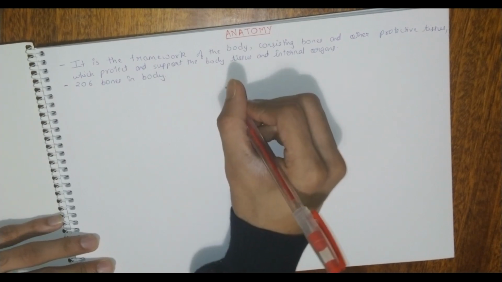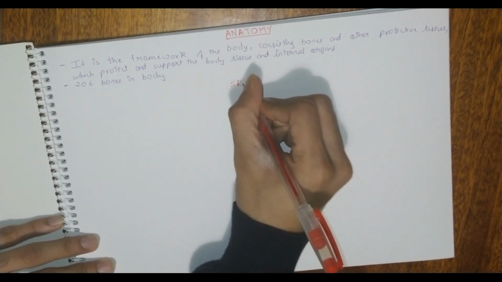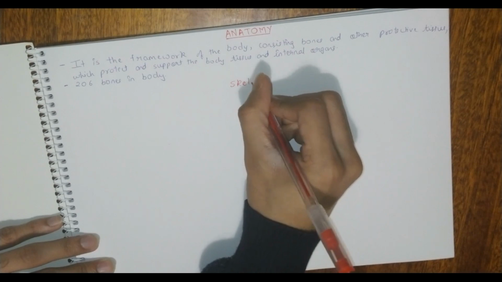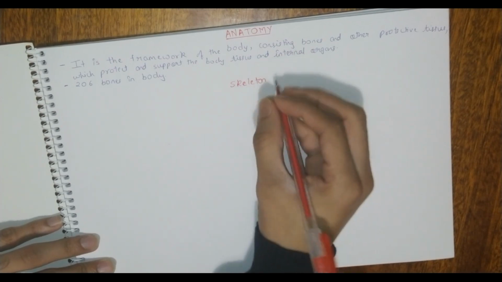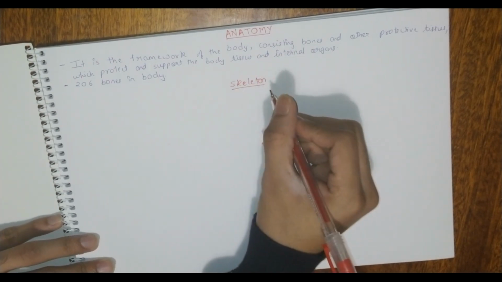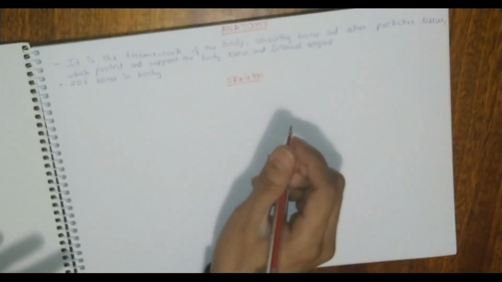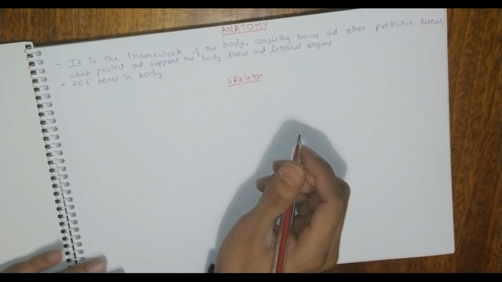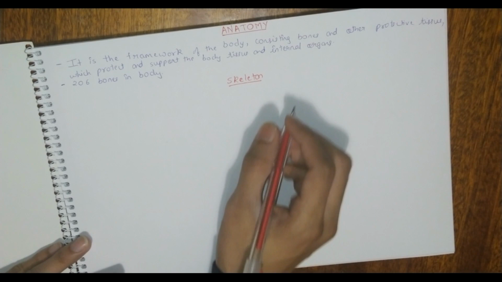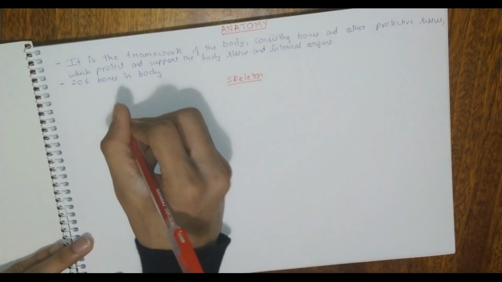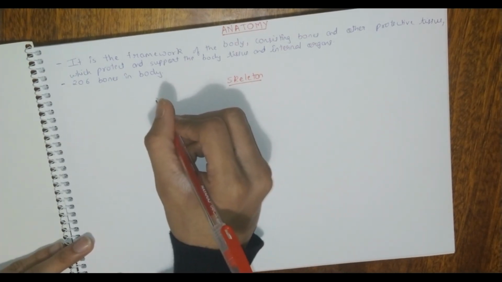So let's start. What we're starting with is the skeletal system, the skeleton. Now the skeletal system in our body is divided into two parts, axial and appendicular.